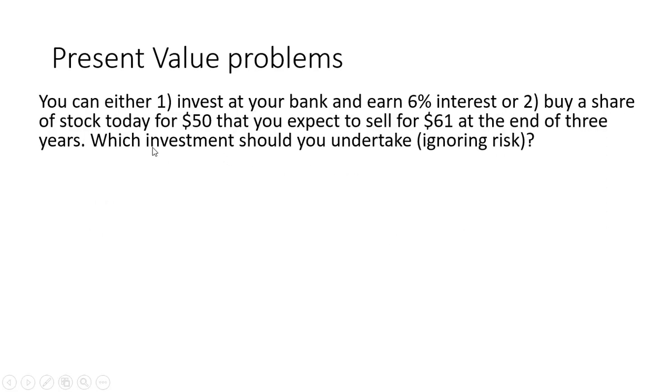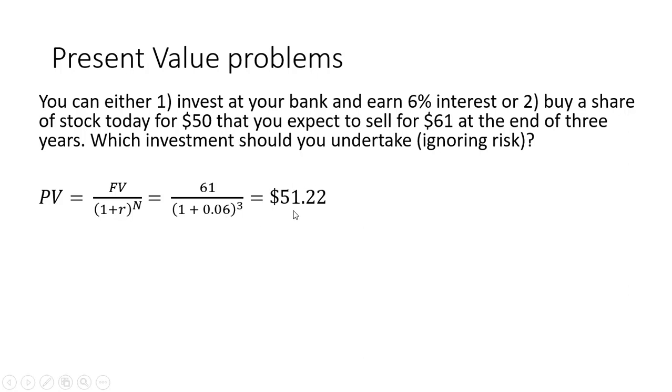Another present value problem. You can either 1, invest at your bank and earn 6% interest, or 2, buy a share of stock today for $50 that you expect to sell for $61 at the end of 3 years. Which investment should you undertake, ignoring risk? So using our present value formula on this stock purchase, we think we might be able to sell it for $61, so that's the future value. And the interest rate here we're going to use is what you could earn in the bank at 6%.